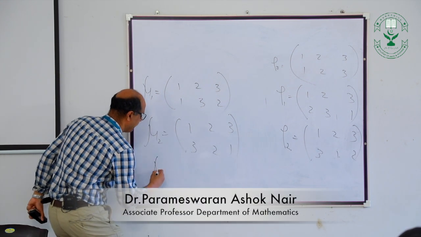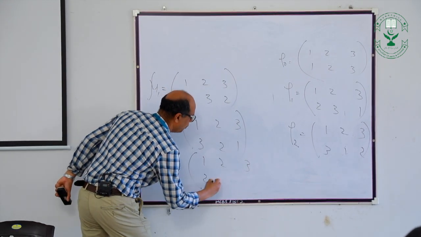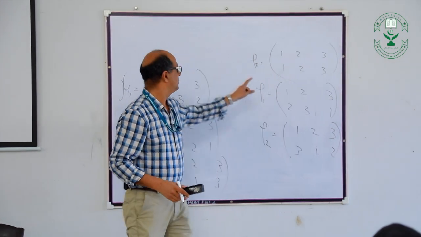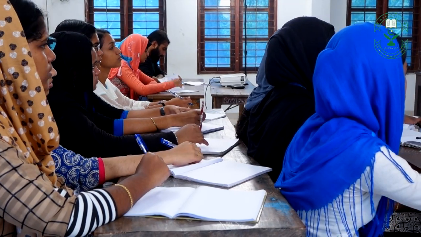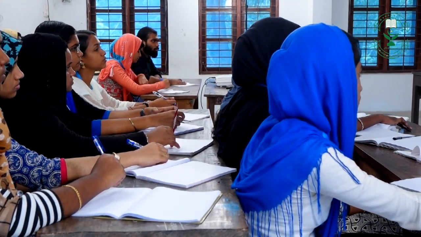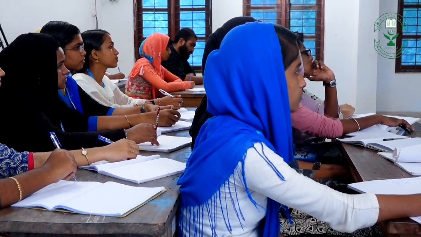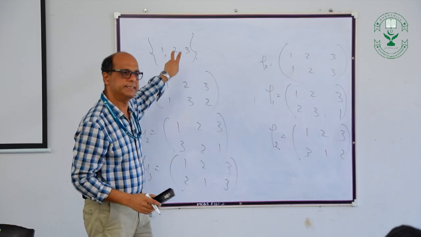Again, mu 3 is 1, 2, 3 over 2, 1, 3. See, there are 6 maps with the set 1, 2, 3. We constructed 6 maps out of this set.